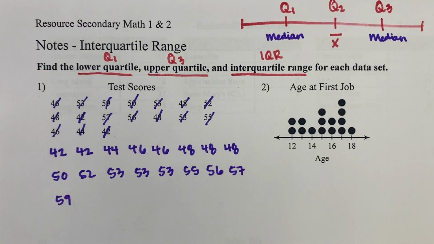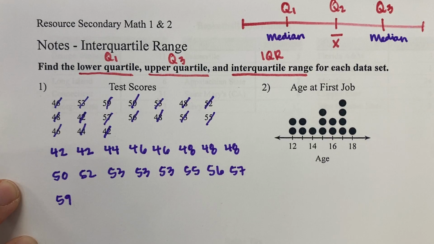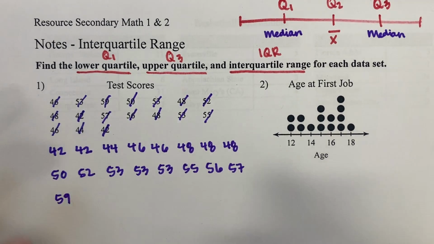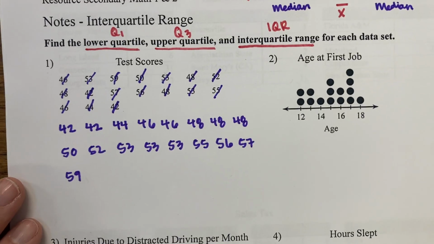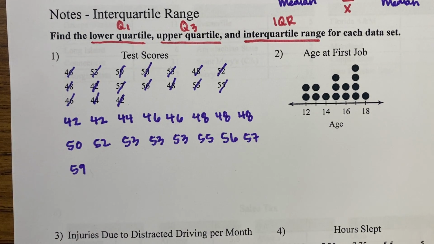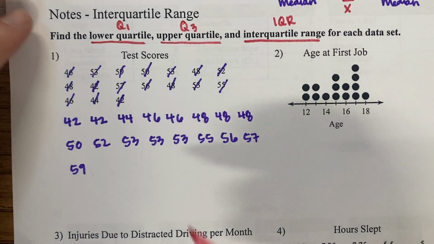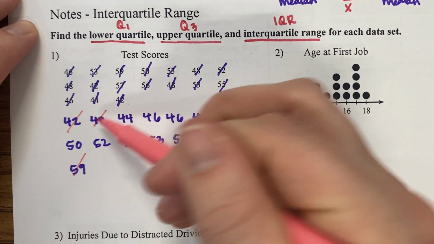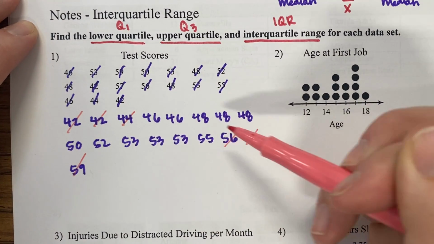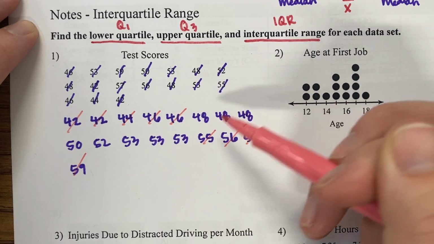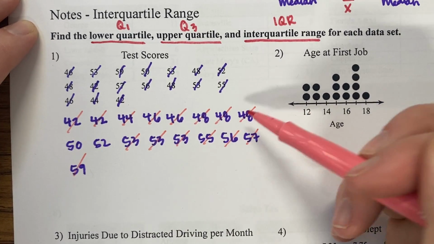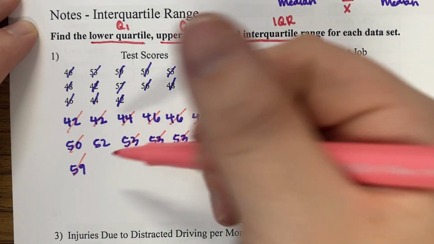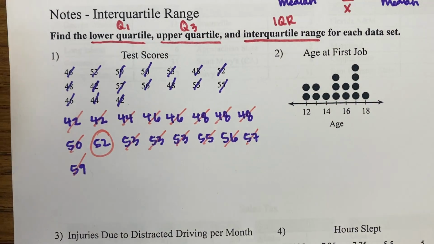All right. In order to find my lower and upper quartiles, first I need to find my median. So let's go ahead and find that. 1, 1, 2, 2, 3, 3, 4, 4, 5, 5, 6, 6, 7, 7, 8, 8, and there we go.